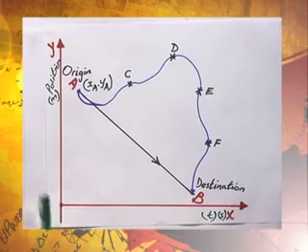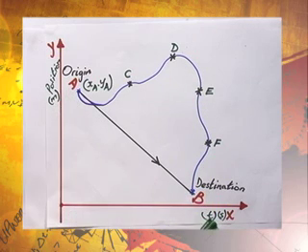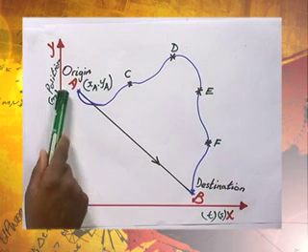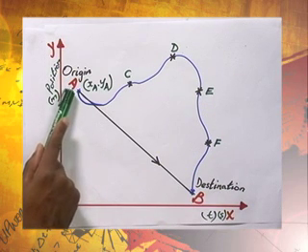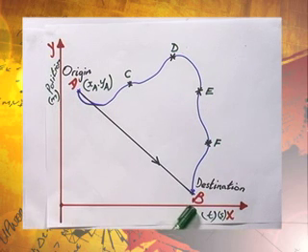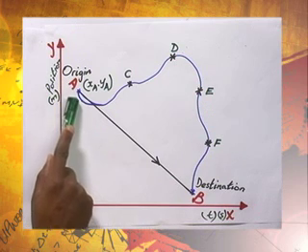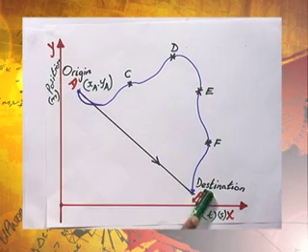Just to give you an example, if you look at how this object changed position from A to B, you can draw a straight line from A to B that shows how the object changed from its initial position to the final position.